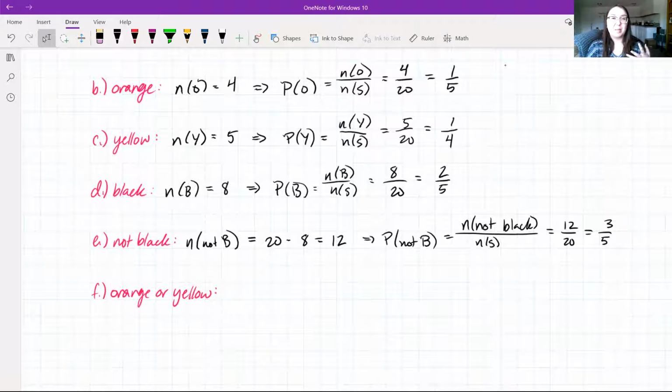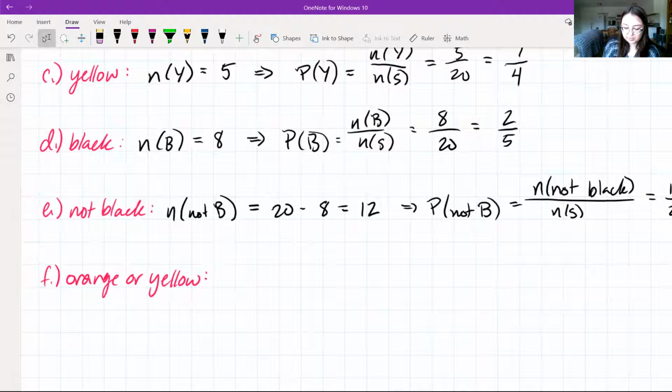But if we're thinking about our union, we know our union is one thing or another or both. Well, if we draw a marble, it can't be orange and yellow. So this is what we were talking about when we think of mutually exclusive. So one can happen or the other, but they can't happen at the same time. But it's still our union.